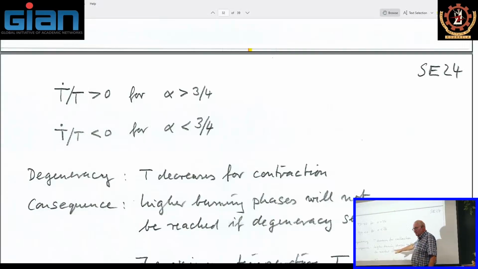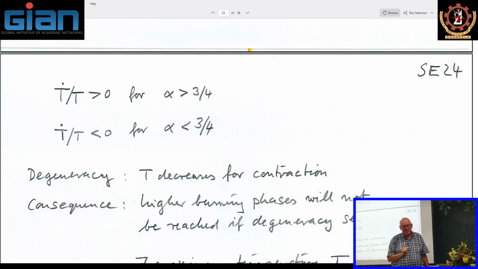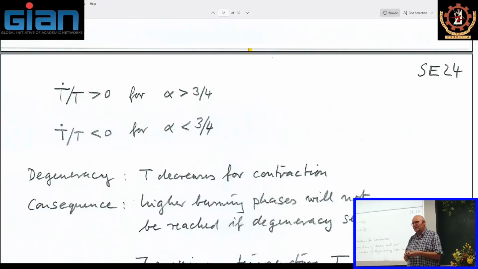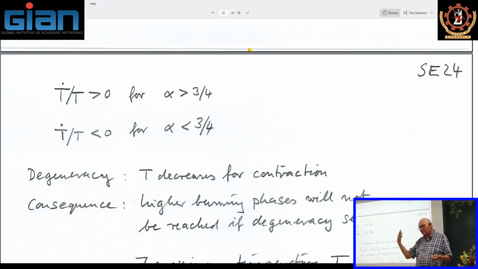And as a consequence, if there is a temperature maximum and we are just in a stage between two possible burning phases, that means that the next burning stage possibly is not reached, and you cannot go through the next burning stage.